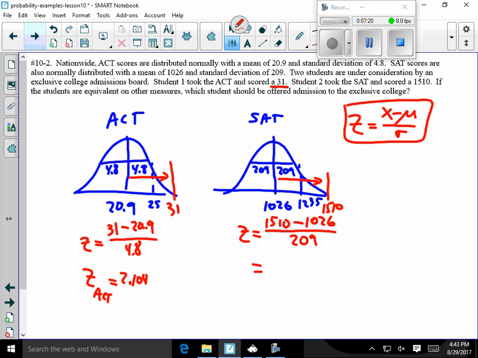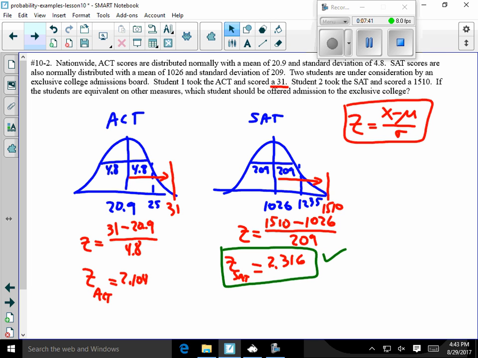If I took that distance, the z-score for the SAT turns out to be 2.316. So although they're both really good, more than 2 standard deviations above the mean, the student that was 2.3 standard deviations above the mean was slightly better. So we would say that the second student, the SAT student, student number 2, would be the one that should be offered the spot.